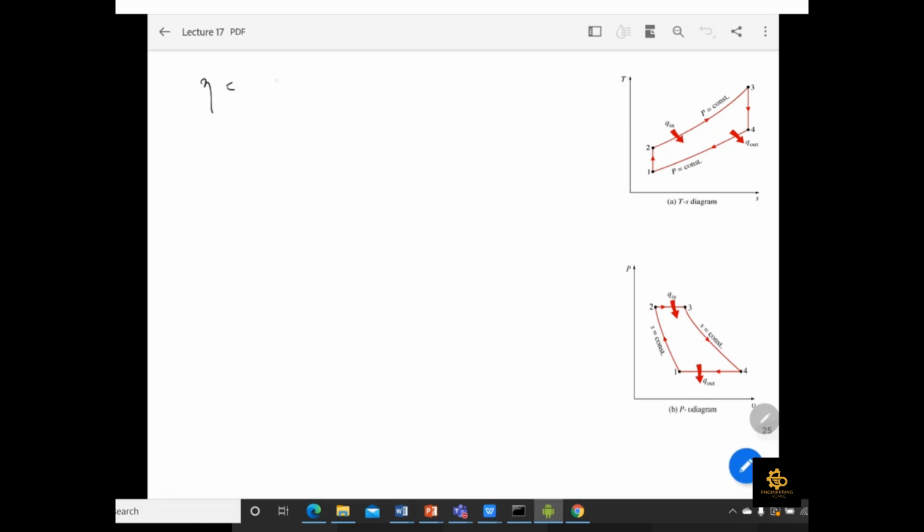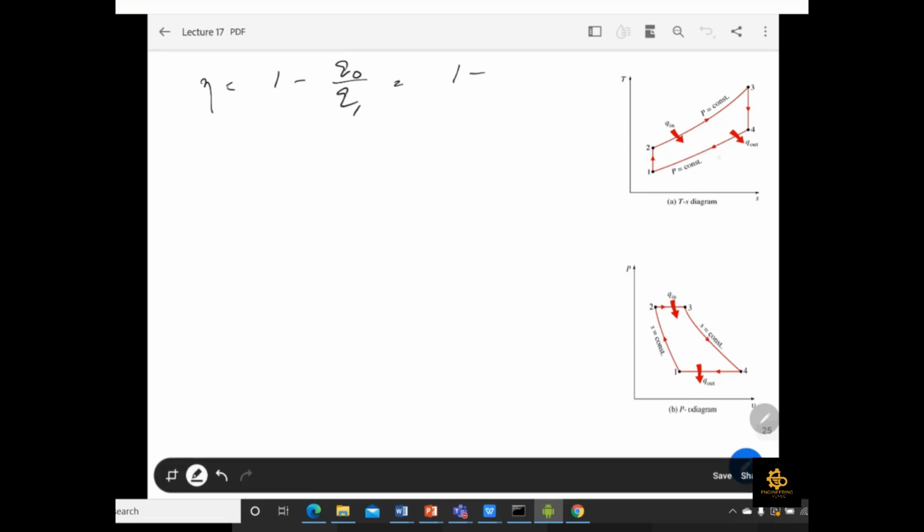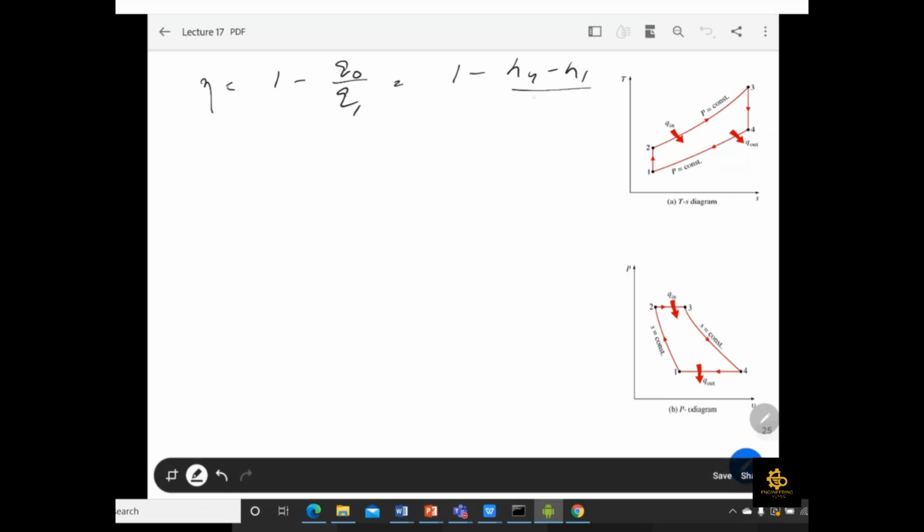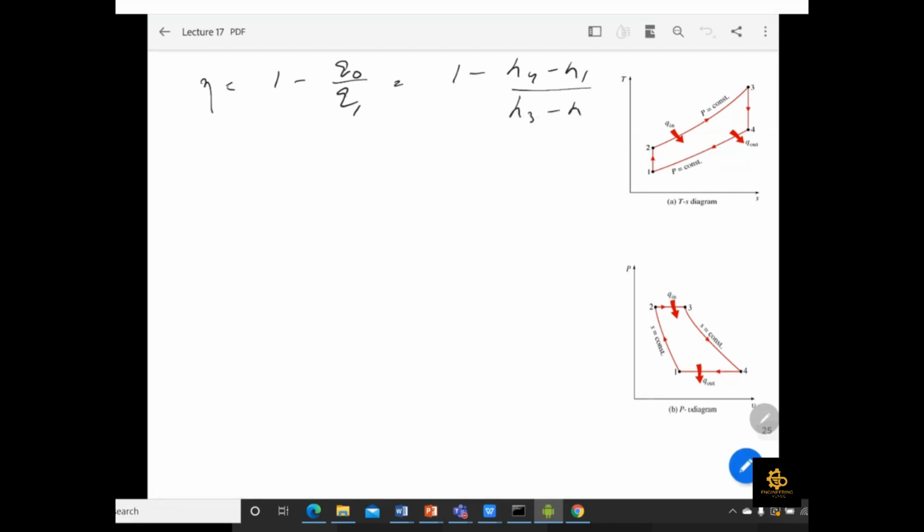So for efficiency, we already know that it is 1 minus Q out over Q in, and your Q out is between 4 to 1, so we can say it is H4 minus H1, and Q in is H3 minus H2, because we are using the variable specific heat. We have all the values with us.